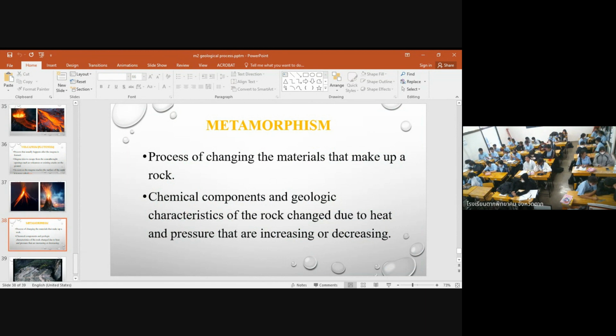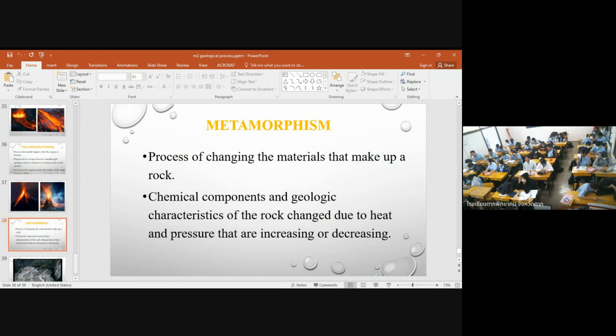So the chemical components and geologic characteristics of the rock change due to heat and pressure that are increasing and decreasing. Remember the picture that has day, night? This is the characteristic of rock change. It is due to heat and pressure that are increasing and decreasing.